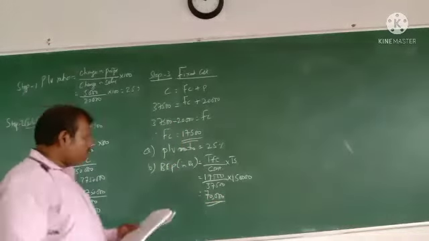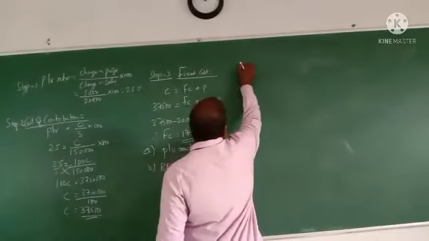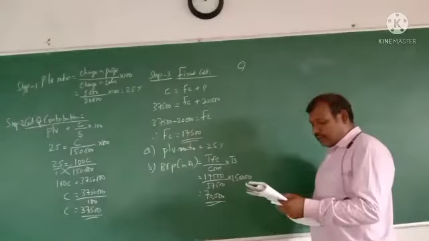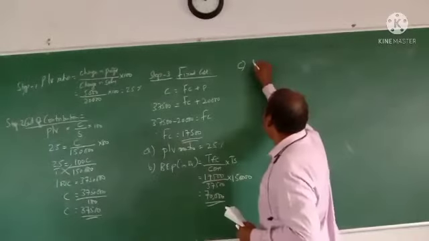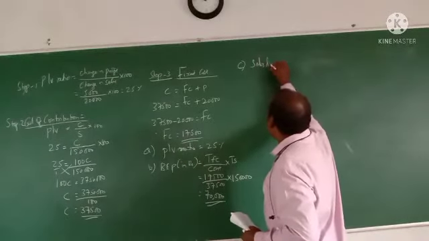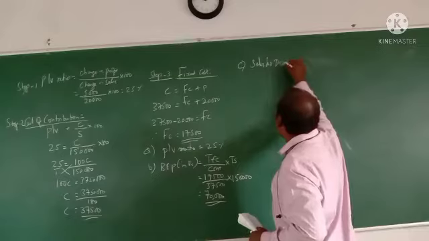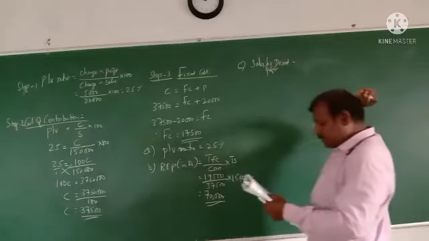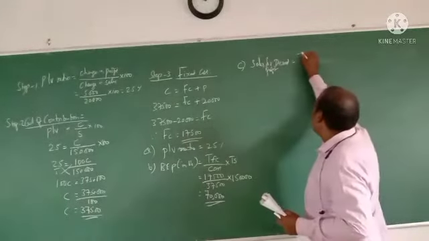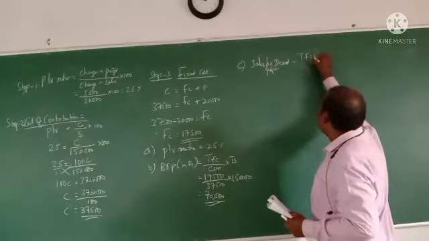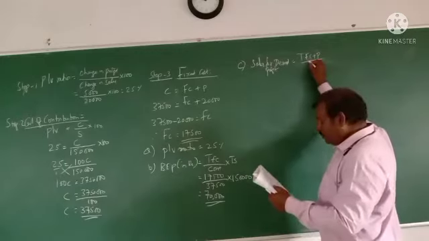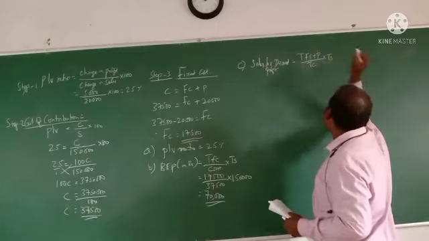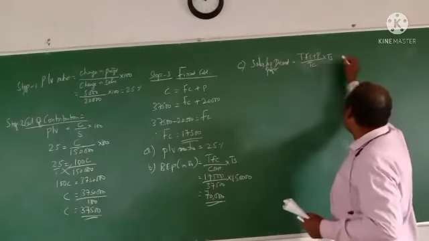Okay. So the third question, sales for the desired profit of 25,000. Sales for desired profit: total fixed cost plus profit divided by total contribution into total sales. Okay.